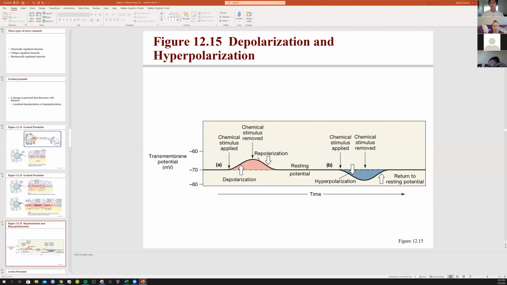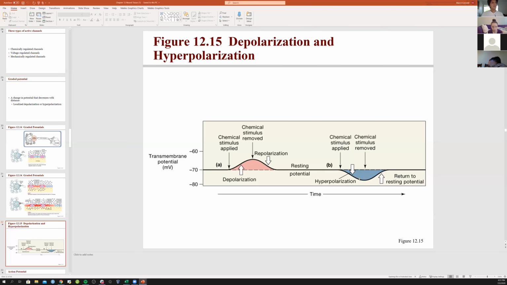If our sodium-potassium pumps stopped working, then every neurotransmitter opening an ion channel and depolarizing the cell would just stay at this level. It wouldn't go back to the resting potential, so it wouldn't be ready for another round of stimuli.